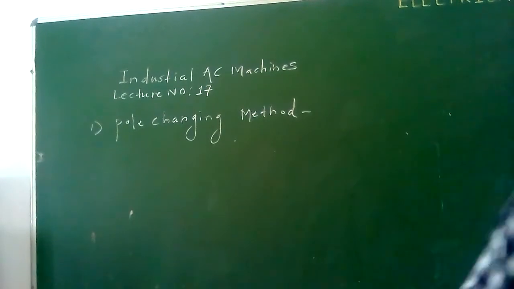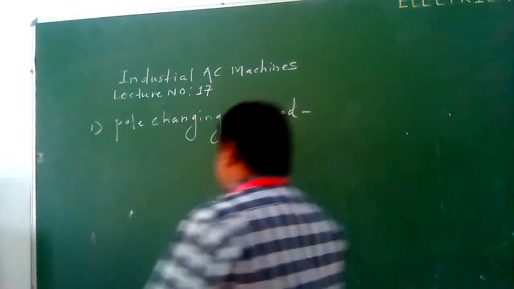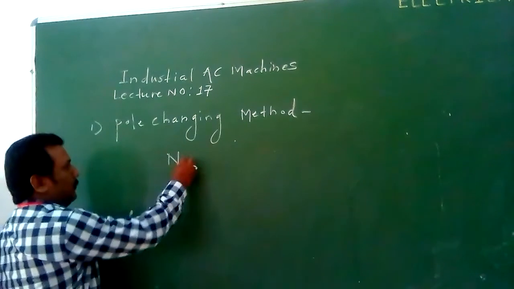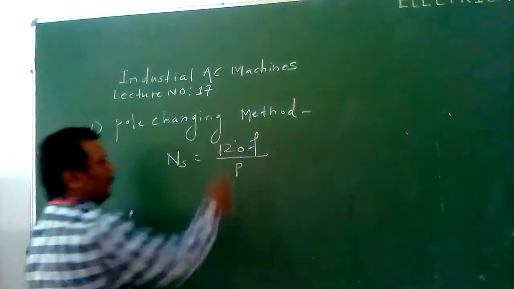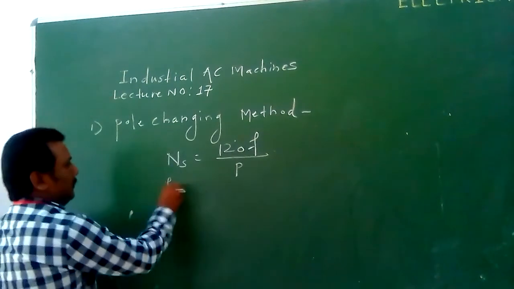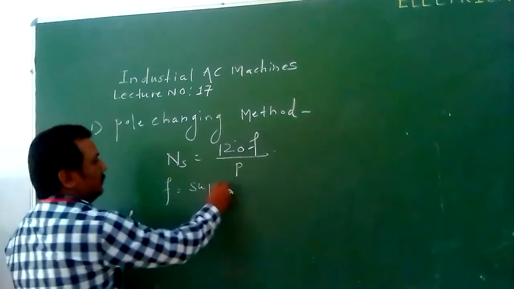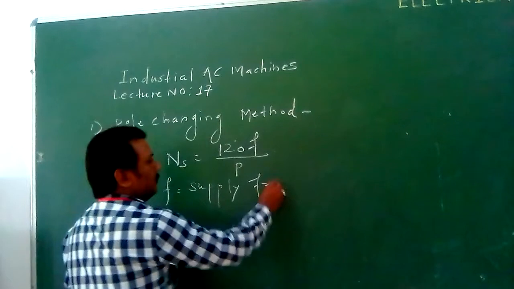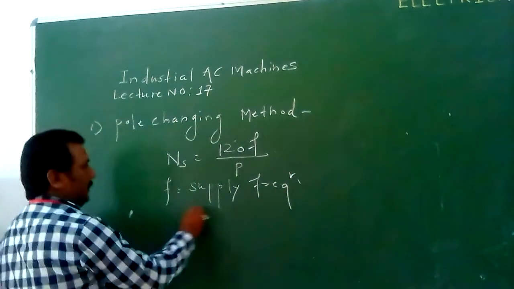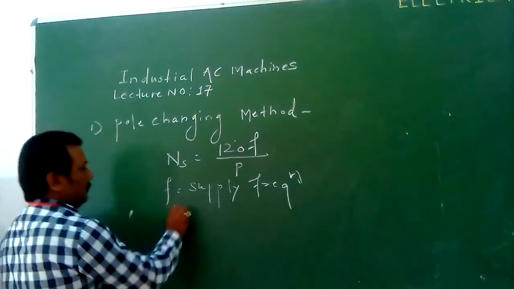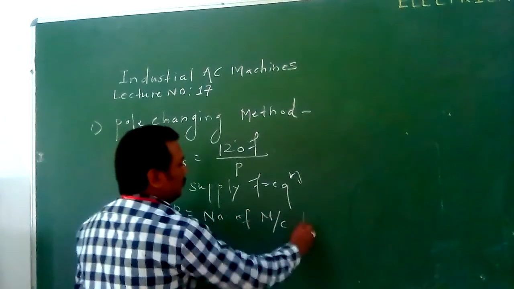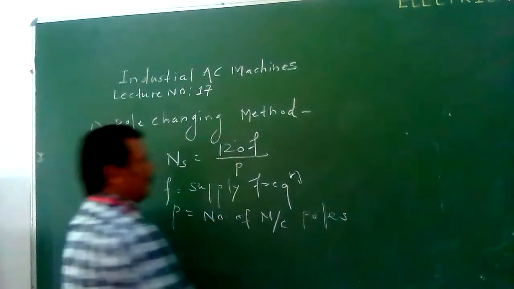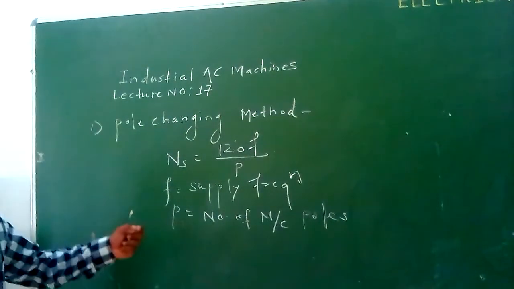Everybody knows that the synchronous speed is equal to 120 F upon P, where F is the supply frequency and P is the number of machine poles.